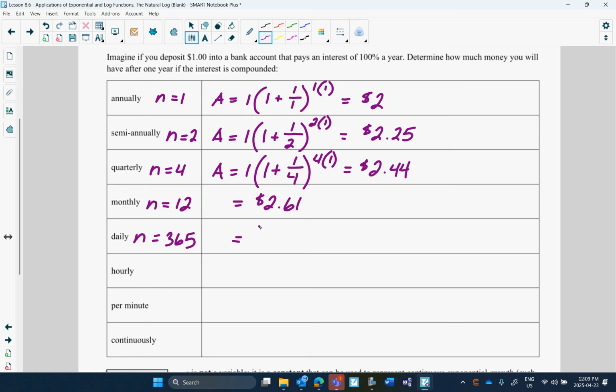So I'm going to give you some more decimals. $2.71, and then plus, if you kept going with the decimals, 1457. Sorry, I put too many ones in there. 71457.